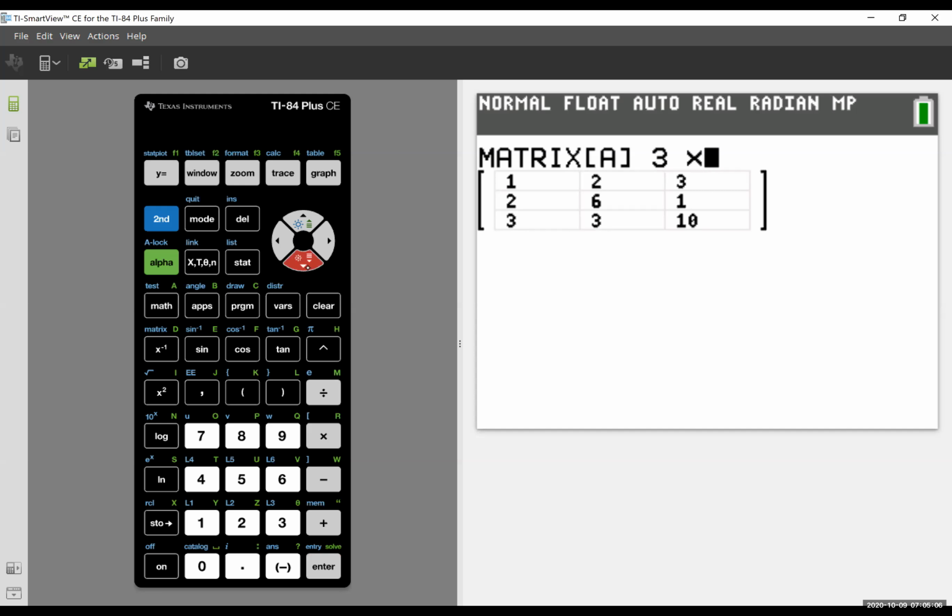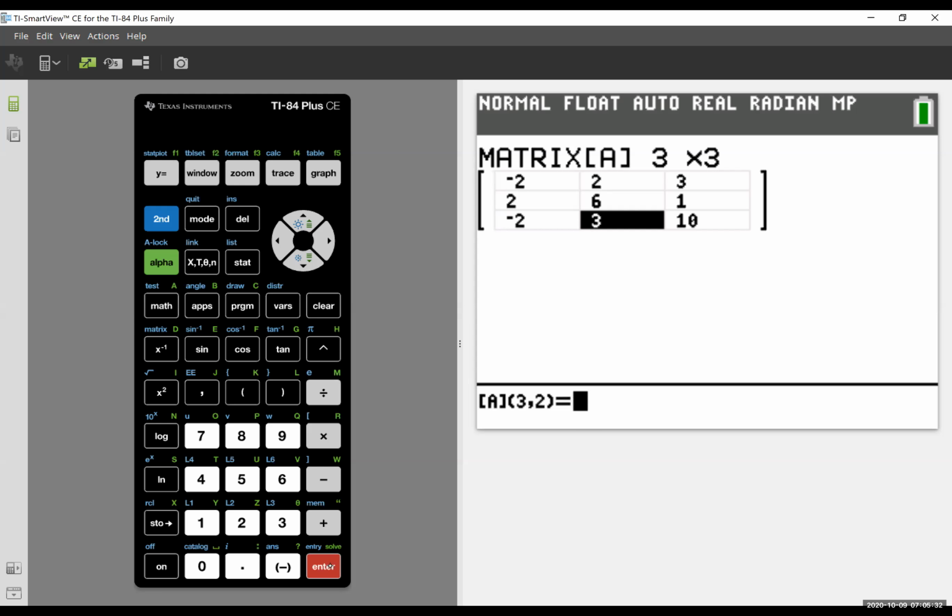If I want to find D sub x, what I'm looking at is replacing the x column with the constants. And the constants are negative 2. This time I'm going to use the arrow key to go down, positive 2, and another negative 2. Well, it's kind of nice, they're almost all the same. So that is our matrix, D sub x.